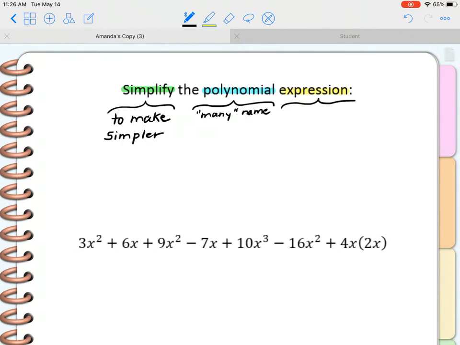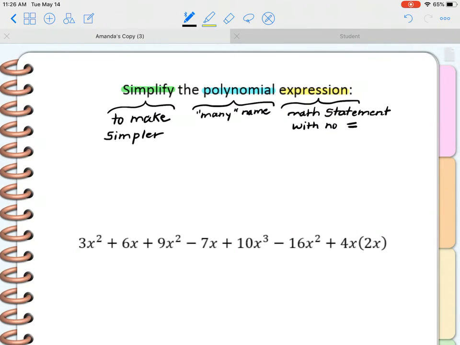And an expression is a math statement with no equal sign. So it can't be solved. There's no equal sign. The only thing you can do is to simplify an expression.